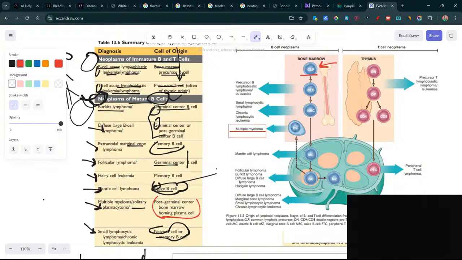And common lymphoid precursor transforms itself into BLB. What is BLB? Pre-B lymphoblast.